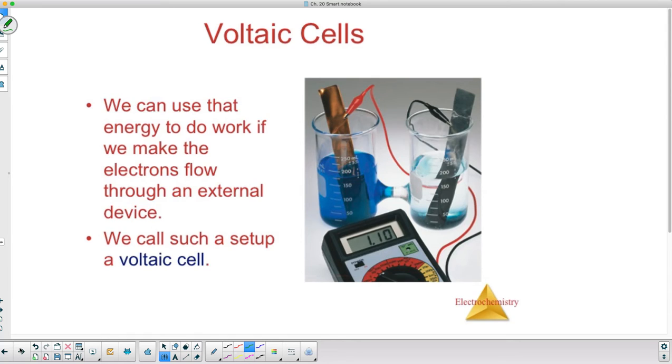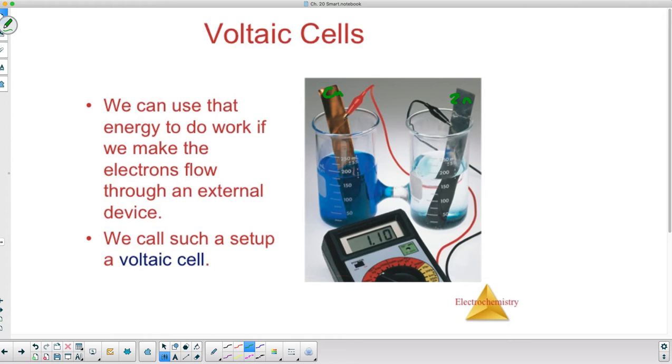We can use that energy to do work if we make the electrons flow through an external device, such as, basically, a battery. Notice in the picture here you have two electrodes. Those electrodes are, in this case, probably copper, and this one is zinc. Those two are often used, and it creates a potential. In other words, the copper in the solution wants to give up some electrons.